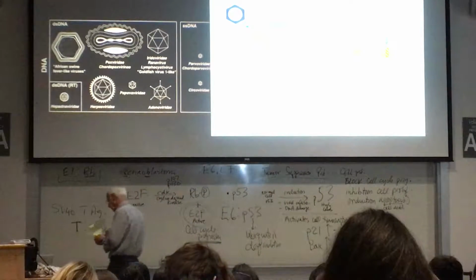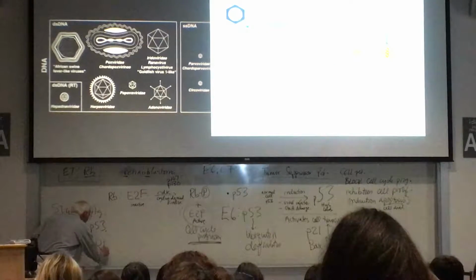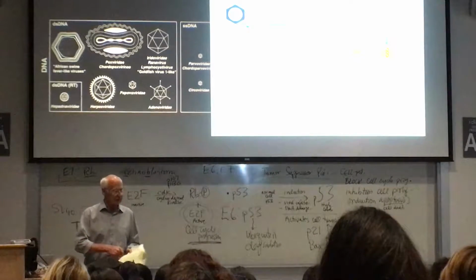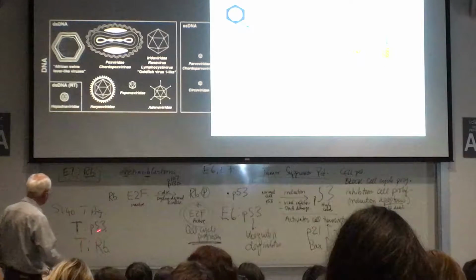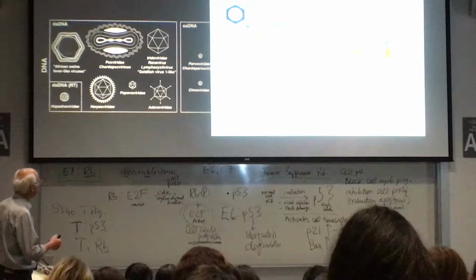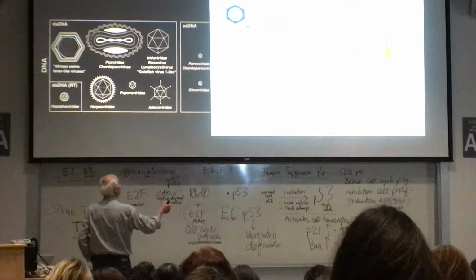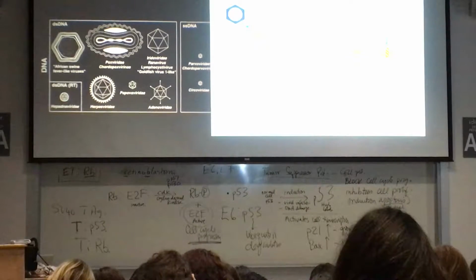It turns out that T antigen also binds RB and inactivates RB. And so we have with SV40, large T is inactivating both of those tumor suppressors. Whereas with HPV, we have a different gene product, each target being the individual tumor suppressors. Okay.